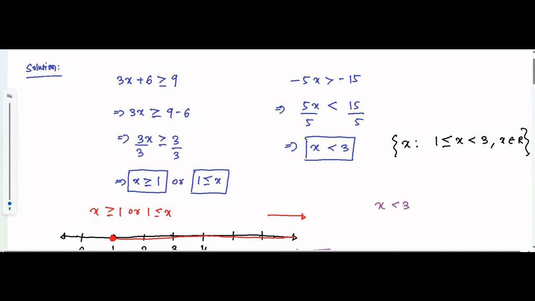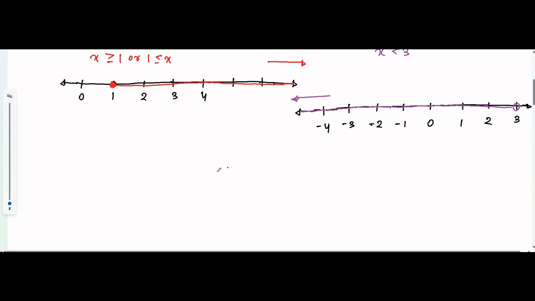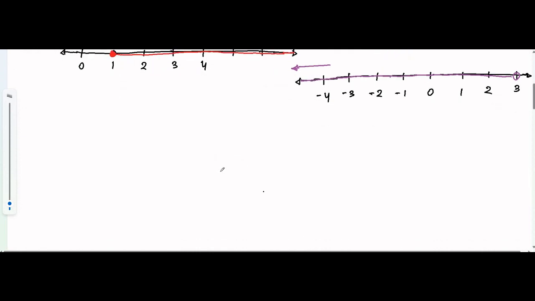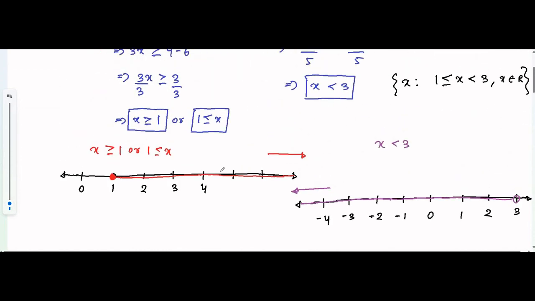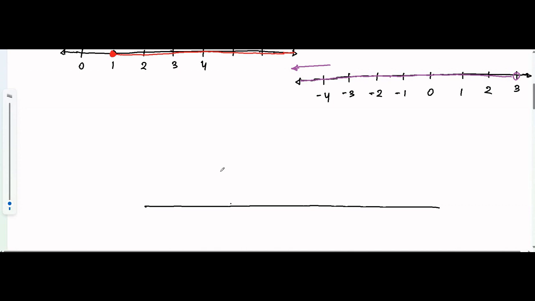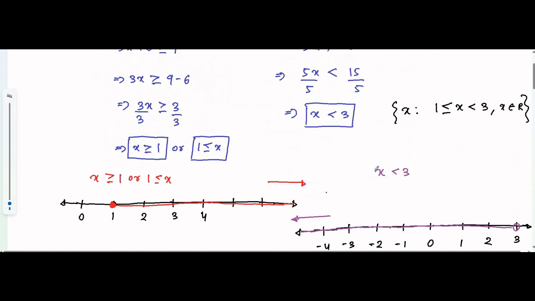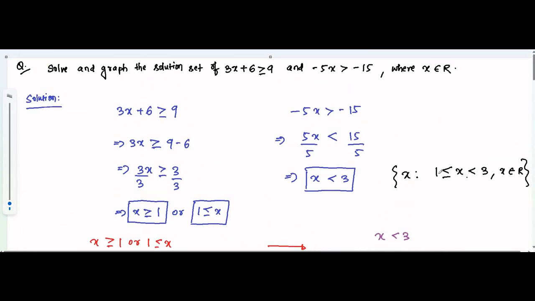So here what we have to do, again we have to draw the number line, okay, and we have 1 and 3. So 0, 1, 2, 3, 4, and it goes like this, and here it is -1 and -2, like that. So here the two extreme points are 1 and 3, okay.